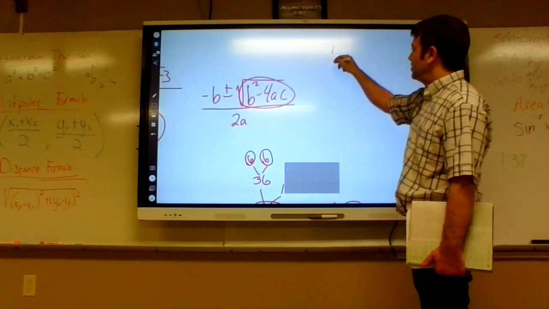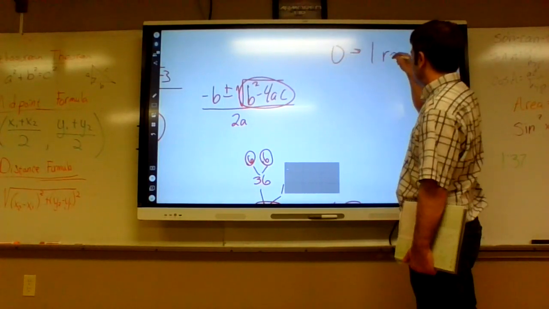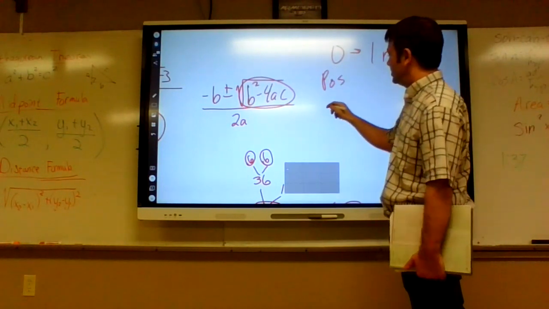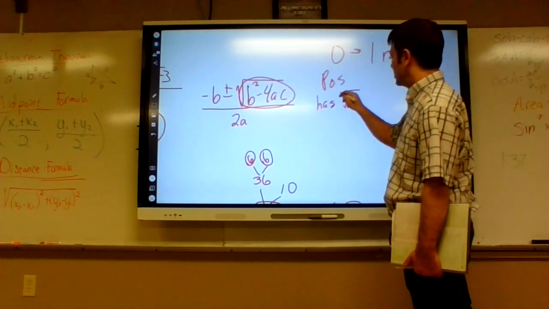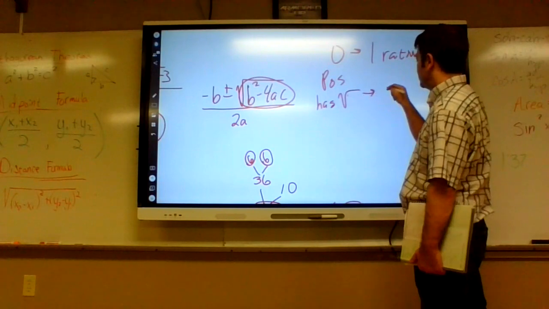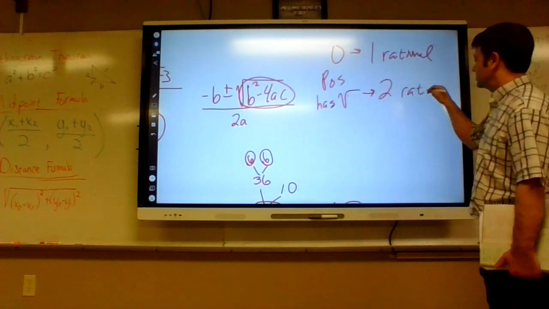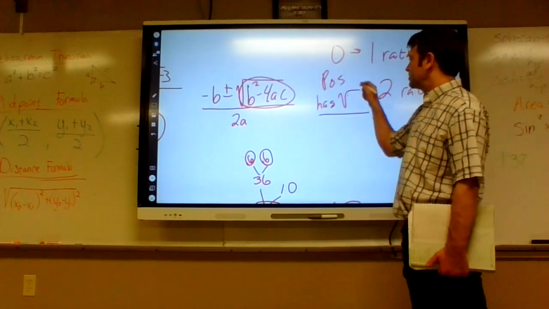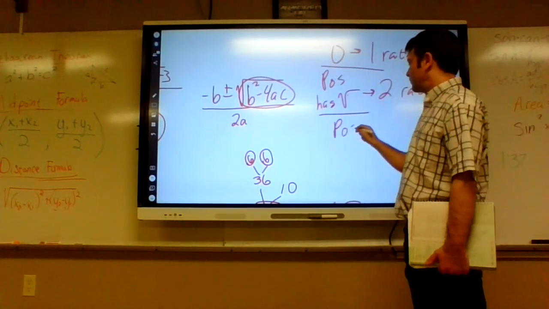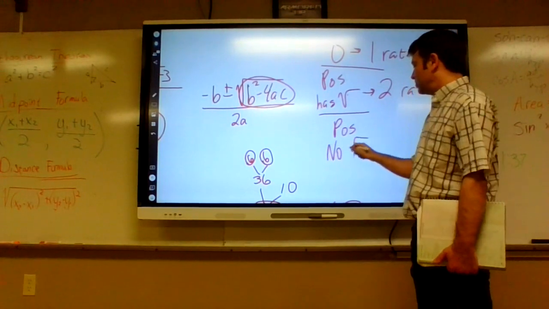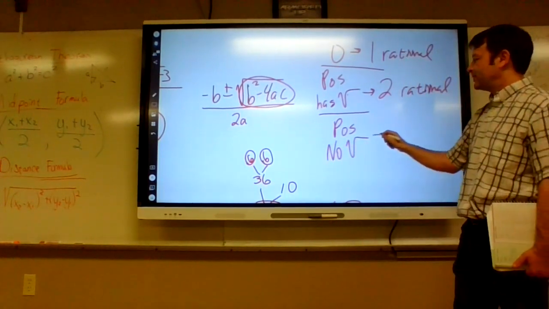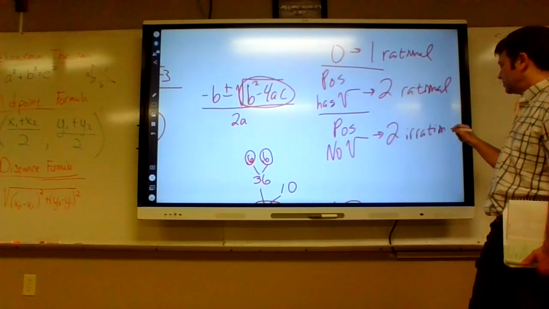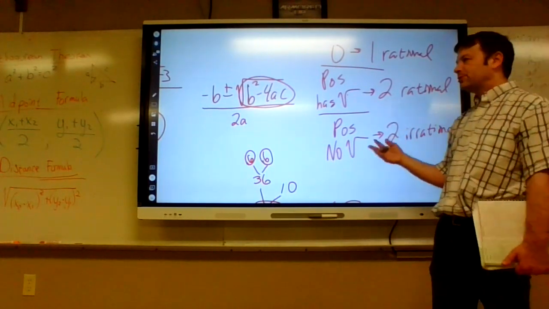If we got 0, that means you would get one rational answer. If you get positive and it has a square root, that means there will be 2 rational answers. Rational means like fractions, normal answers. If it's positive but the square root doesn't simplify, it has 2 irrational answers, like 1 plus or minus square root of 5.